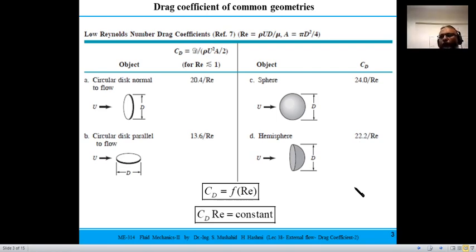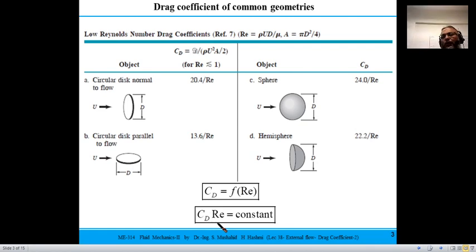So if you look closely, the drag coefficient is 24 over Reynolds number, and when the drag coefficient and Reynolds number are multiplied together, it is a number, 20.4. This number is actually a constant. So for different geometries, for low values of Reynolds number, this product of drag coefficient and Reynolds number is a constant value.